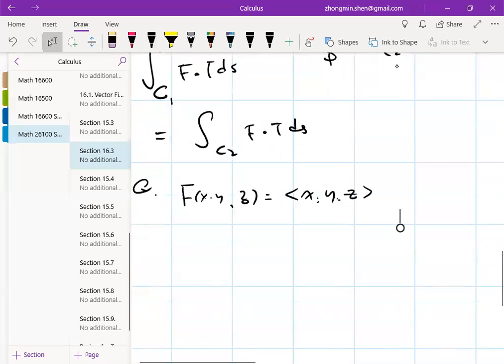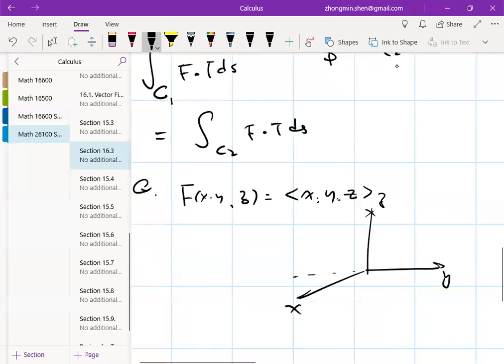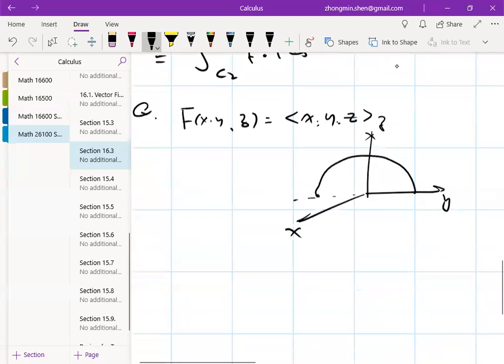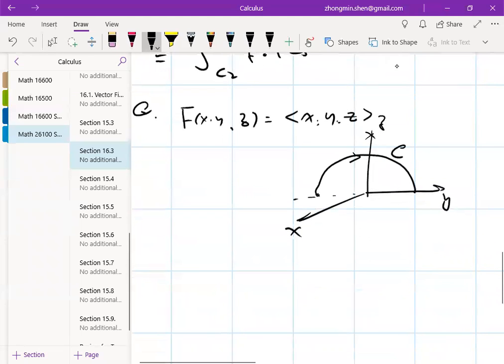And here's a path C, and this is a curve starting from here to here. This is C. So evaluate this integral over C of F dot dr. Okay.